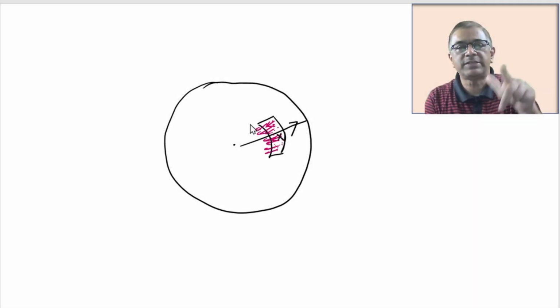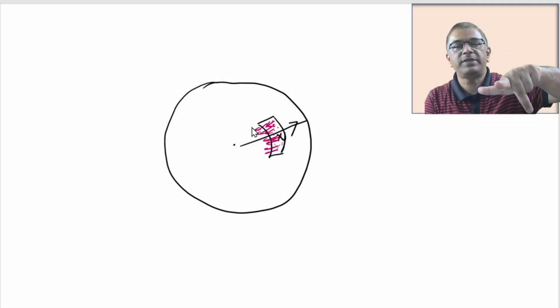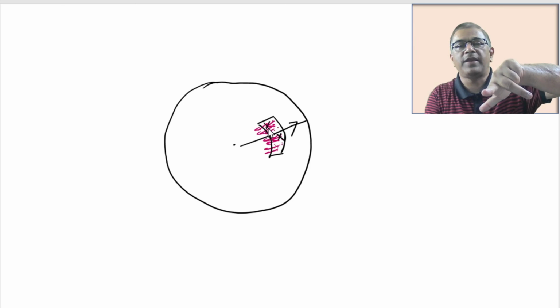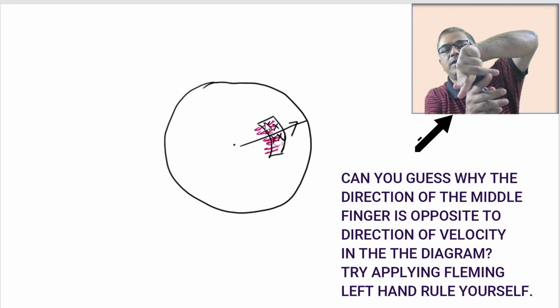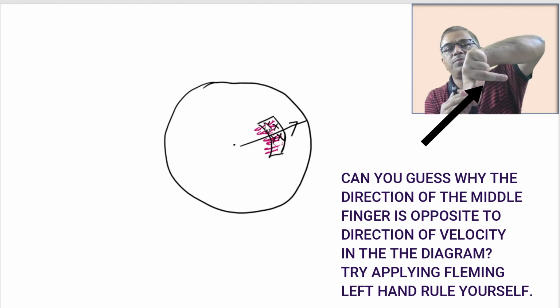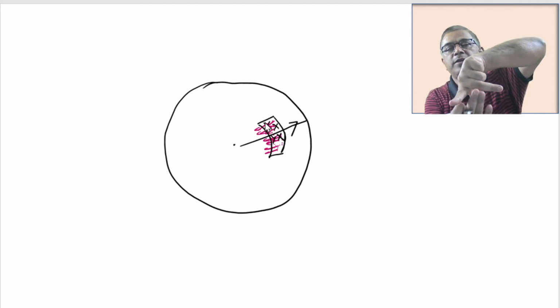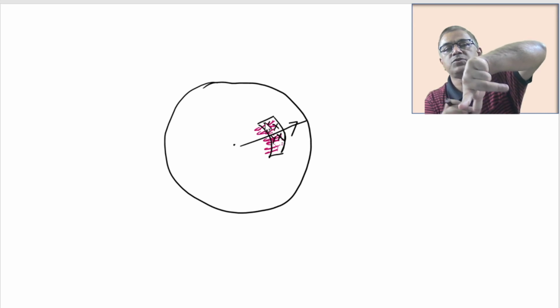Now apply Fleming's left hand rule. As we apply it, the direction of the forefinger represents the direction of the magnetic field, which is normally inside, and the electrons are moving in this direction. The thumb represents the direction of magnetic force, provided the charged particle moves in the direction represented by the middle finger. So the electrons will experience force in a direction opposite to the direction shown by the thumb.